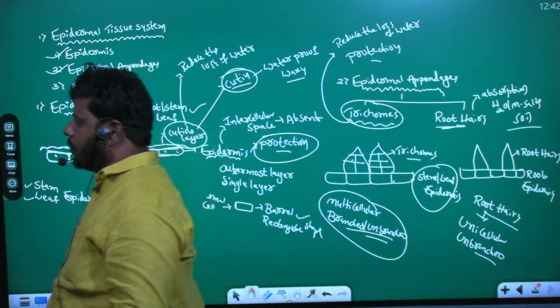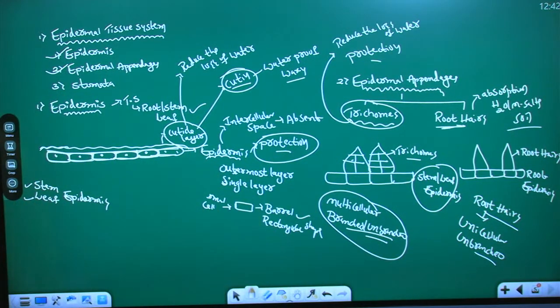So what is the difference between trichomes and root hair? Trichomes are multicellular, branched or unbranched. They develop from stem and leaf epidermis, and root hairs develop from root epidermis. Root hairs are always unbranched.